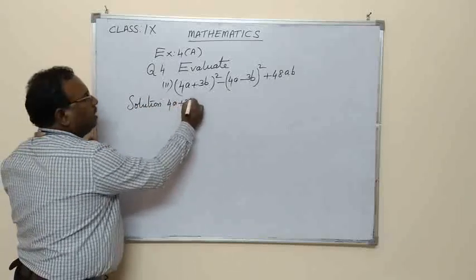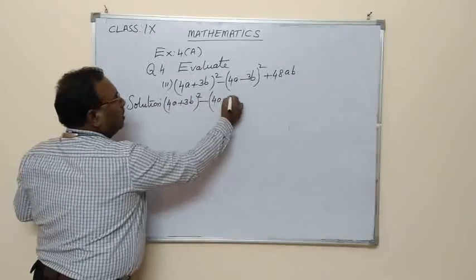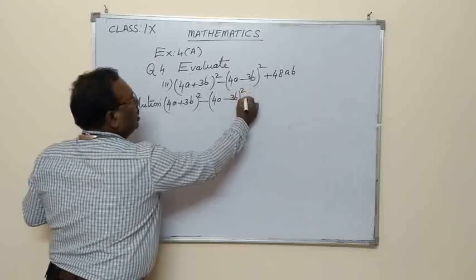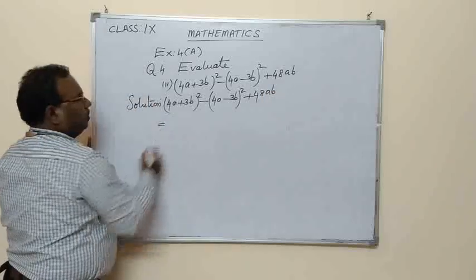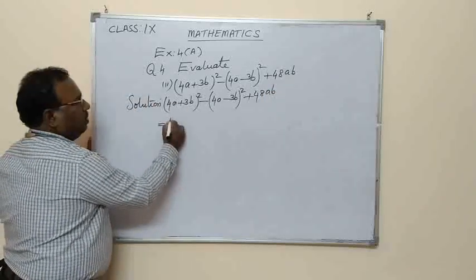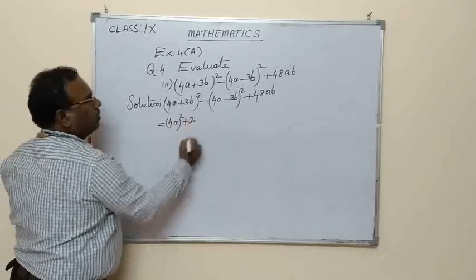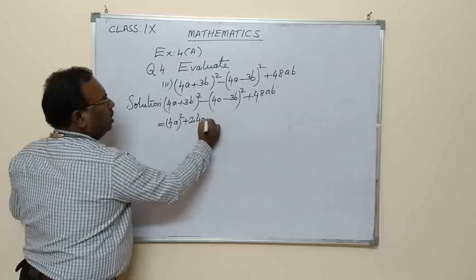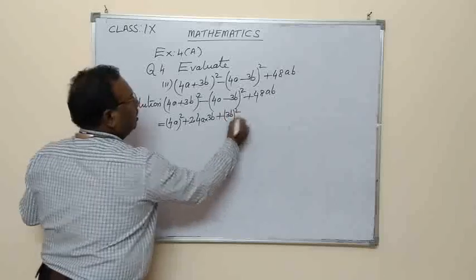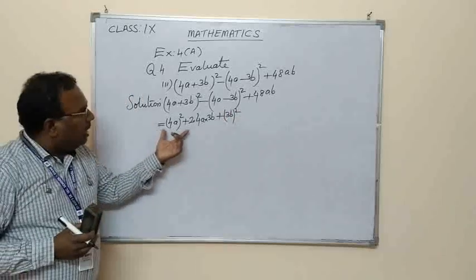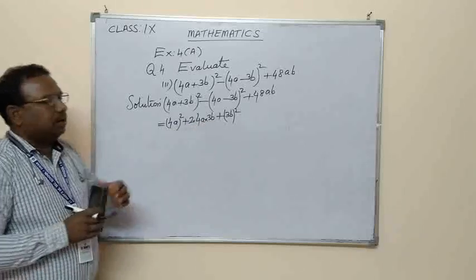(4a plus 3b) whole square minus (4a minus 3b) whole square plus 48ab is equal to, expand this, (4a) whole square plus 2 into 4a into 3b plus (3b) whole square. Here we use the identity (a plus b) whole square equals a square plus 2ab plus b square.